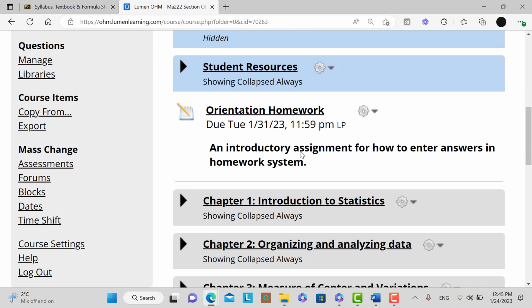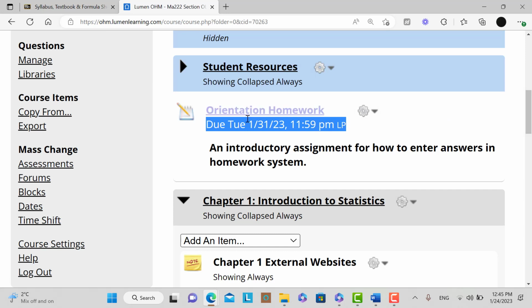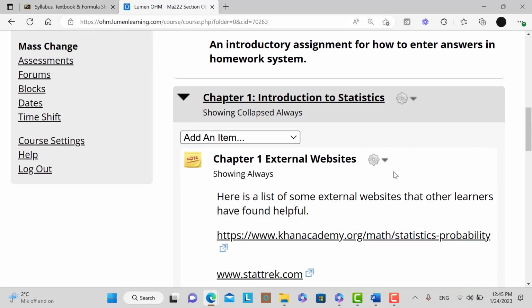Now, if you scroll down, you see all the homework assignments, quizzes, midterm and finals are posted here. So below each homework assignment, there's a due date, right? So you're going to have a homework assignment due on January 31st. That's the orientation homework, so it helps you get some basic information about the homework system here.